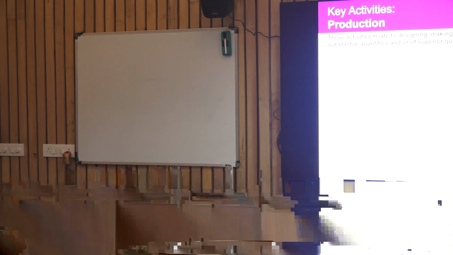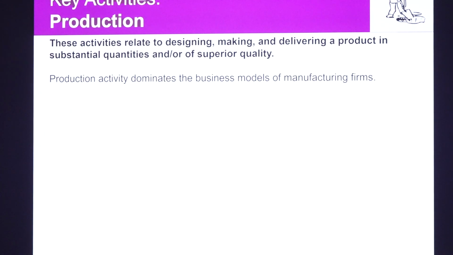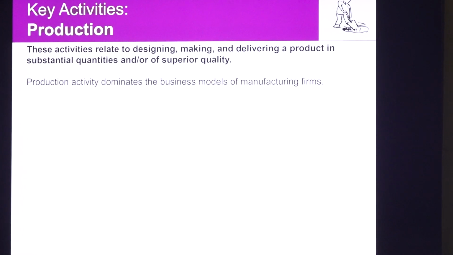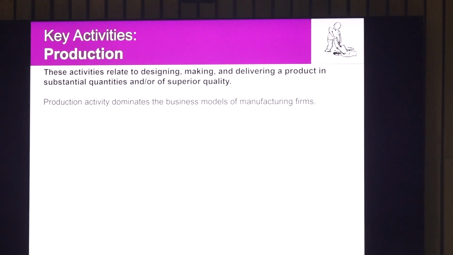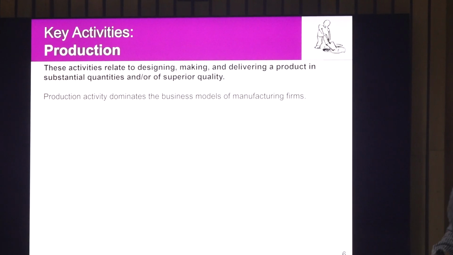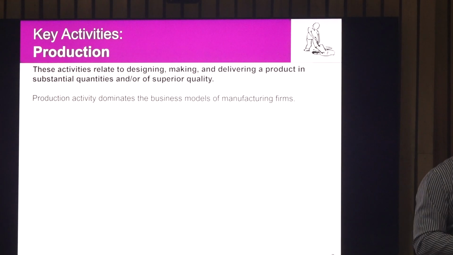Right. So some of the business models have production as their key activity. What is production? Manufacturing, right? Take any physical item that you can touch and feel, that you can drop on your foot, it is a product of manufacturing.